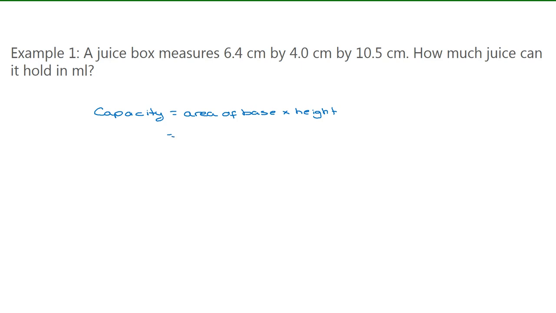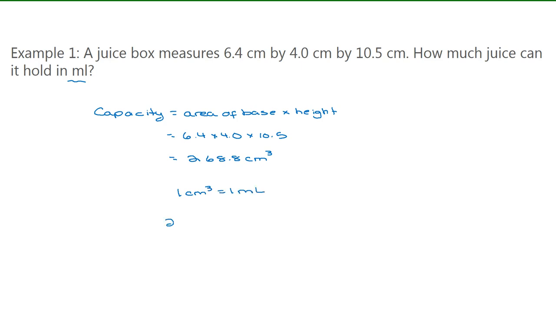Now the dimensions are 6.4 by 4.0 by 10.5. Multiplying those three numbers together, I get 268.8 centimeters cubed. Now it did ask for the juice in milliliters. On the previous page, we saw that 1 cubic centimeter is the same as 1 milliliter.